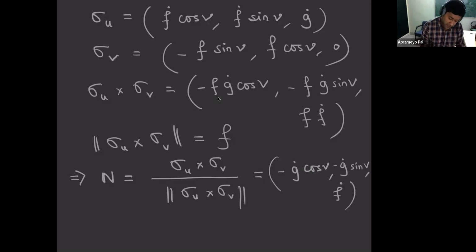And so for the fundamental form to be computed, I not only need sigma u, I also need sigma uu, sigma uv, and all sorts of things. So let's compute those also. It's just computation. I'm sure everybody will be able to compute this.